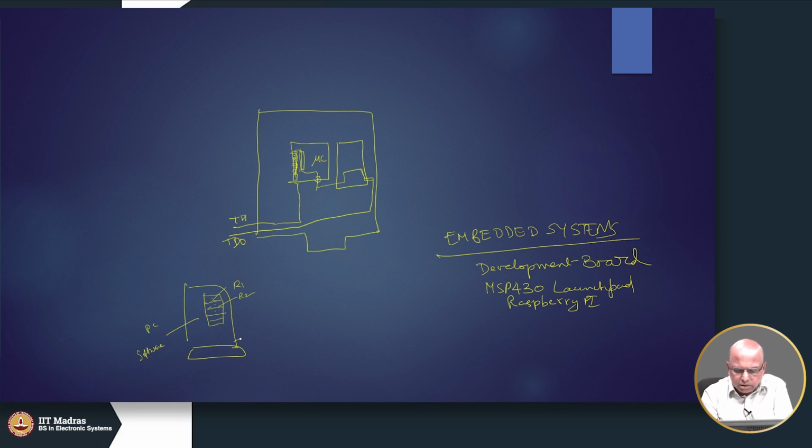So how is it happening? This is our PCB, and through the TDI TDO you can go and fetch the value of this register and you can display it here.